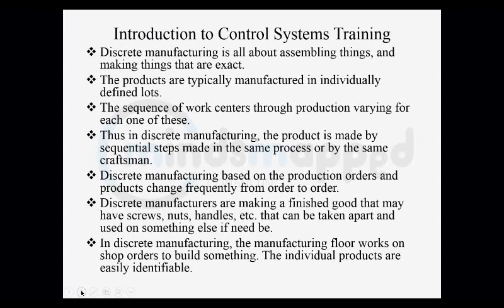Discrete manufacturing is based on production orders, and products change frequently from order to order. So we can say that some items are more desirable in some seasons while some are not. Some items are in much more demand in summers rather than in winters.